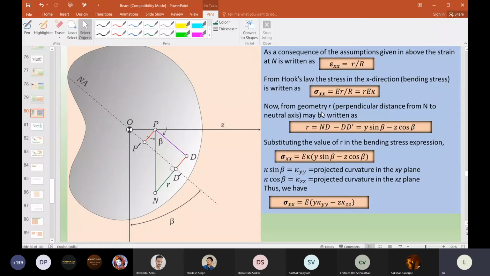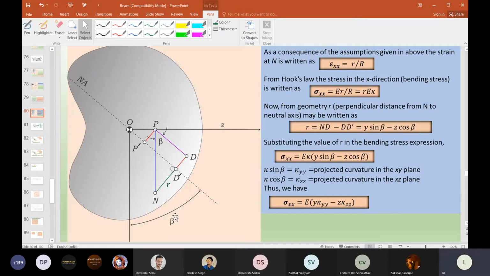Let's say we make some construction: this neutral axis we will assume makes an angle beta with respect to the y axis. If beta is 0, then we know along which side the neutral axis lies. Let us assume that it makes an angle beta.